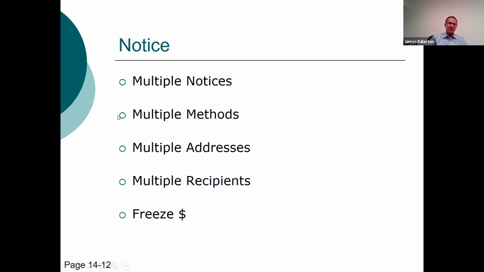Multiple methods. The Federal Miller Act today says that you can use any overnight service that a third party signature is required. That means FedEx or USPS is okay.